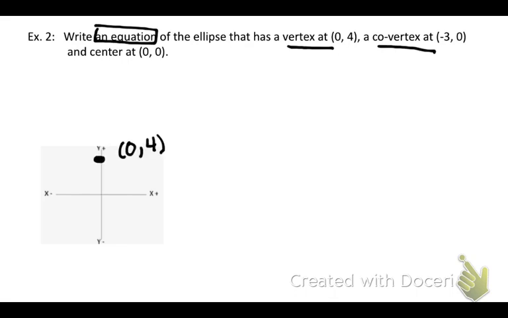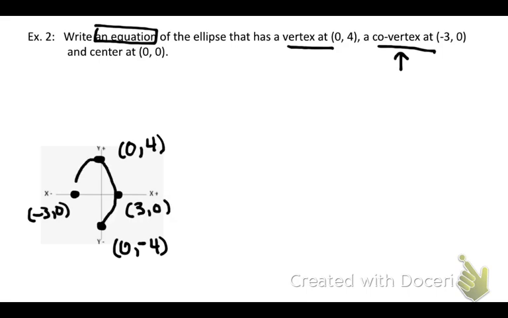And if I have a positive 4, I know I'm going to have a negative 4. And then we look at the co-vertex, and that tells me negative 3, 0. If I have a negative 3, I know I'm going to have a positive 3, so 3, 0. And then we're going to draw a little bit of a rough graph here.